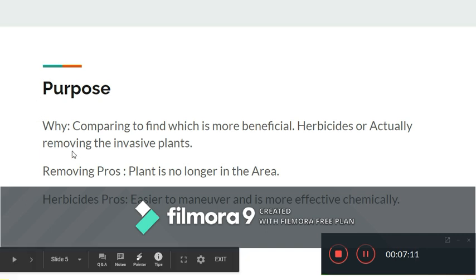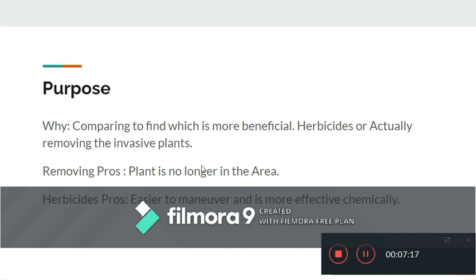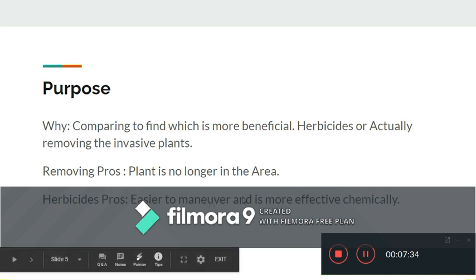Some pros for removing invasive plants is that the plant is actually no longer in the area. Once you remove it, it will no longer be there to continue to grow. However, some do continue to grow, but the ones that we're focusing on aren't really that big. But that's more of a specific biological thing. And then herbicides are easier to maneuver and more effective chemically.